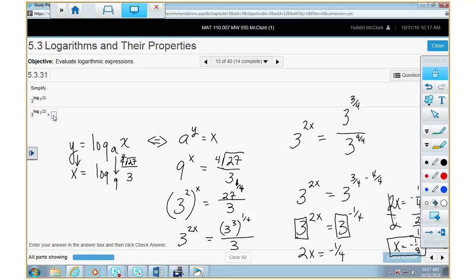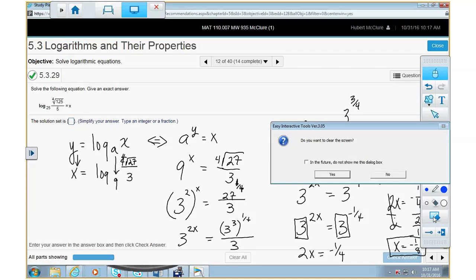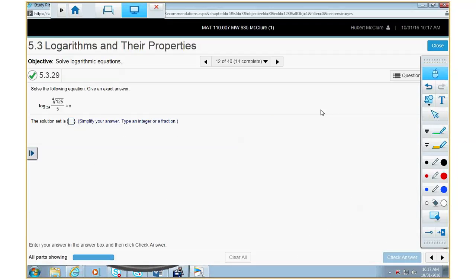All right, y'all do this one. We're going to do that one again. The answer is negative 1/8, not negative 1/83. See, it tells me no. I'm wrong no matter what.